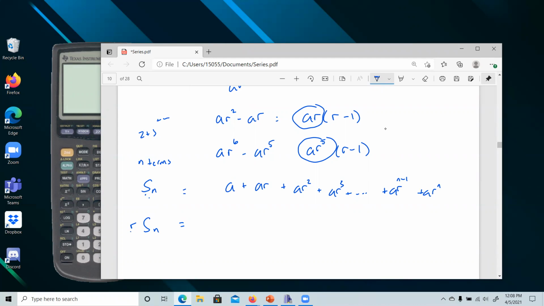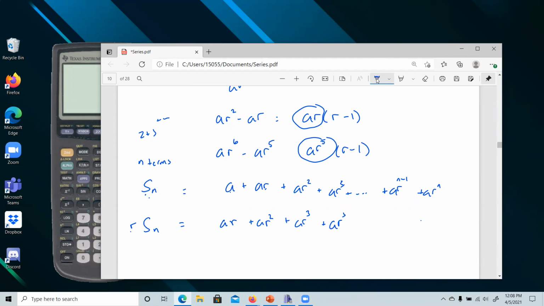So if I multiply this sum by r, right, we'll get ar. A is a common term, okay? It's just a coefficient. We'll get ar. Actually, let me write it this way because we can keep the first term as the first term. So this a times r, this thing, a times r squared plus ar squared times r is r cubed, dot dot dot, and we're going to have plus, do it right here.